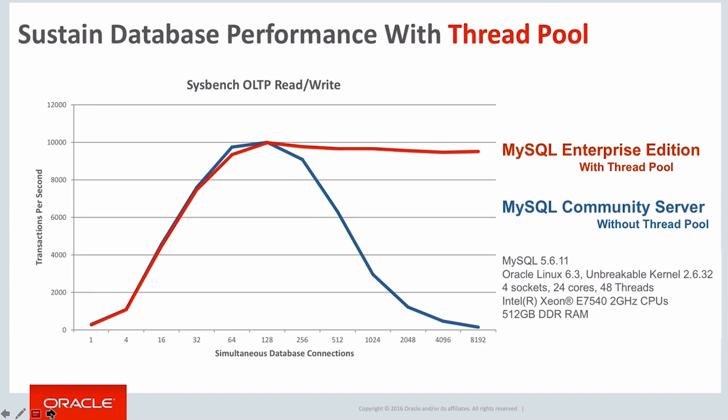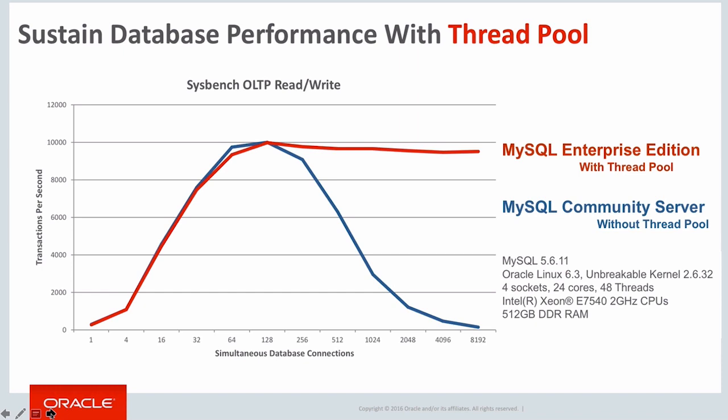And if things are not properly configured, like they often aren't, then a denial of service attack can severely degrade your MySQL performance. So what happens is more and more connections are hitting the server, the OS is becoming less and less efficient because you're constantly context switching between all the threads. So performance degrades. By enabling the thread pool plugin, you can sustain consistent performance regardless of any attacks.